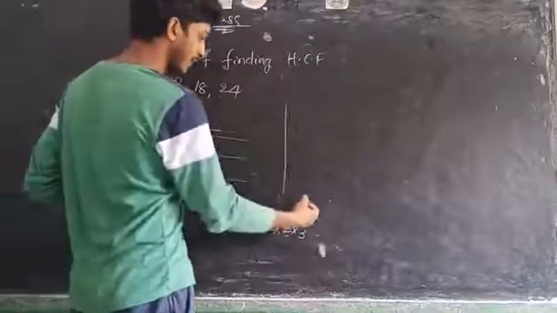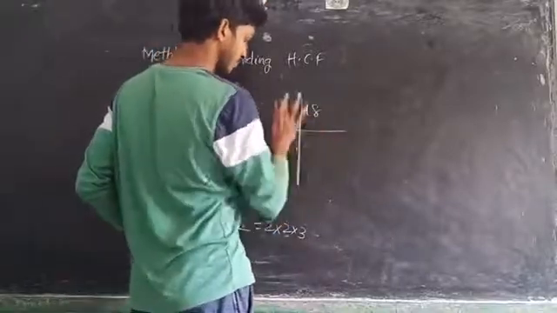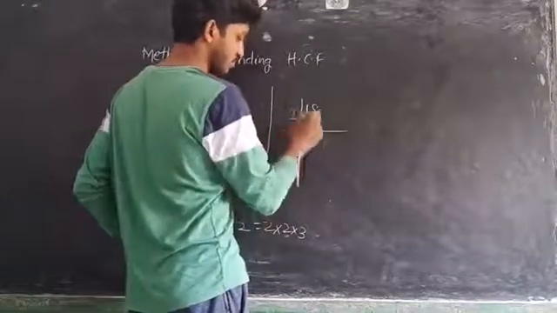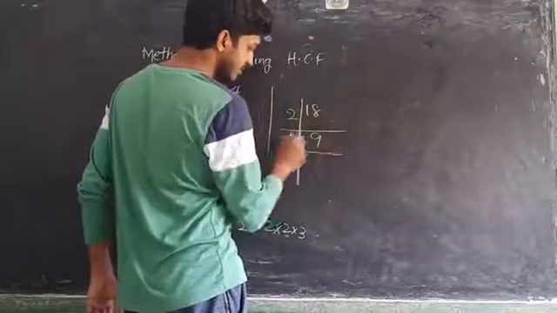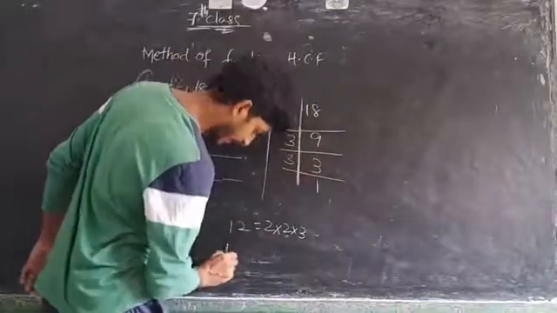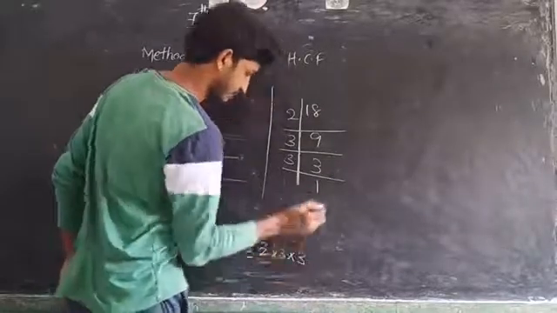Okay, now I am taking 18. 2 table 9 times, 3 table 3 times, again 3 table 1 time. So I am writing 18 as 2 into 3 into 3.